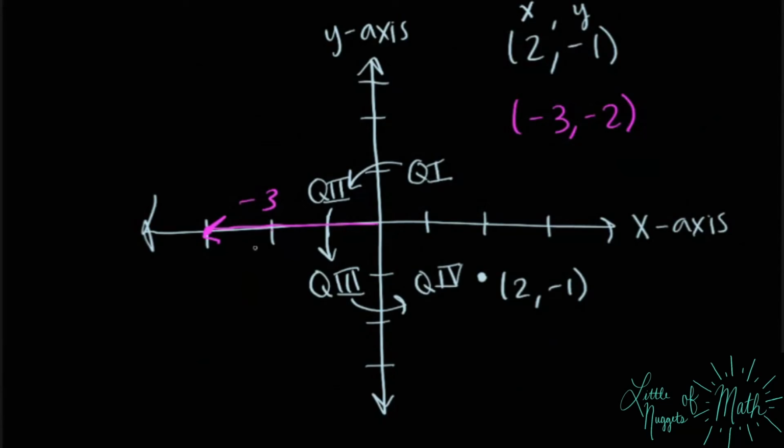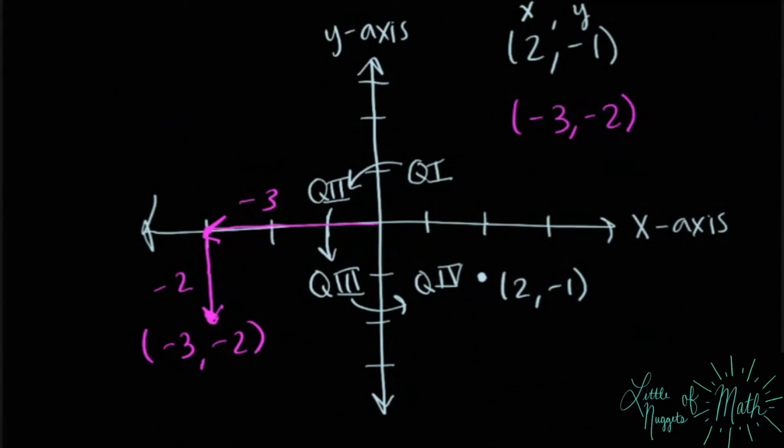And we're going to go down 2, 1, 2. And that would get us the point -3, -2. And this point would be in quadrant 3.